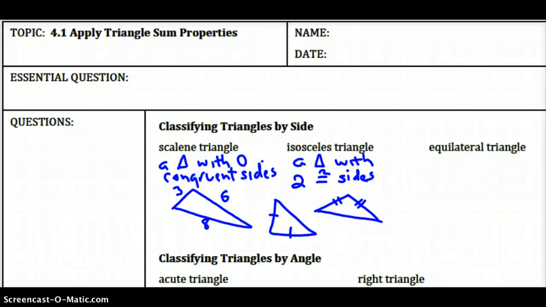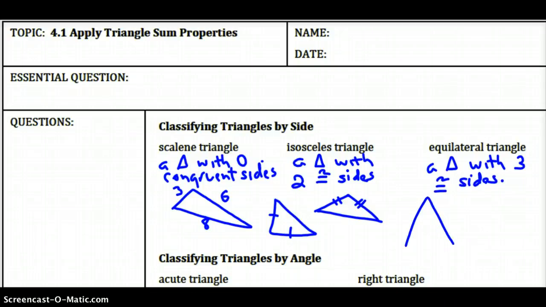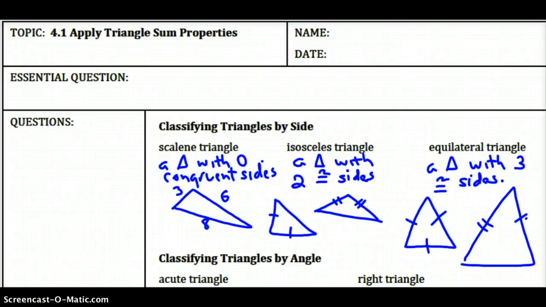An equilateral triangle, equilateral meaning equal sides, is a triangle with three congruent sides. And again, we could have one about that big, and we could have a bigger one. We could have it like that. We could say that this is 9, 9, and 9 if we wanted to. But again, those are equal sides.